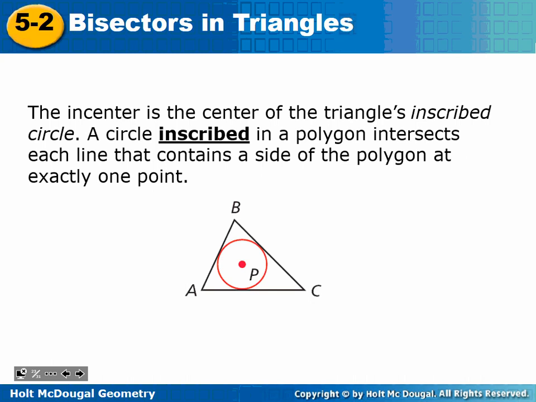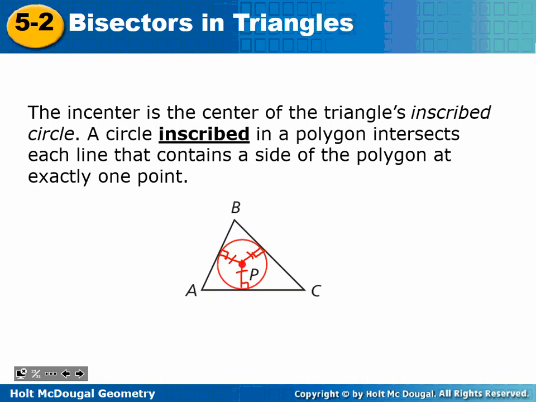Do you notice that if I draw an inscribed circle in here, each of those congruent distances to the sides turn out to be the radius? They turn out to be the radii of that circle. If you look at this picture, distance over to here, distance over to here, distance over to here. Do you see how those are all radii of the circle? Okay, so they're all going to be equal.